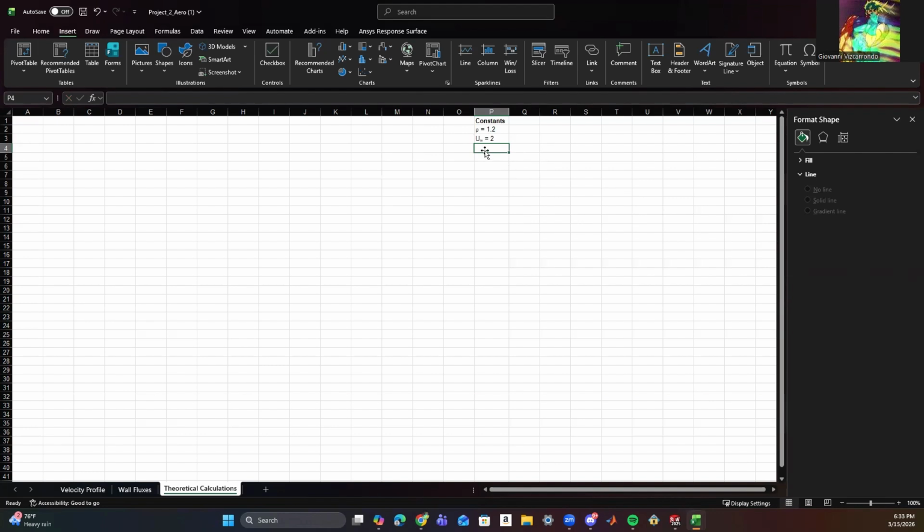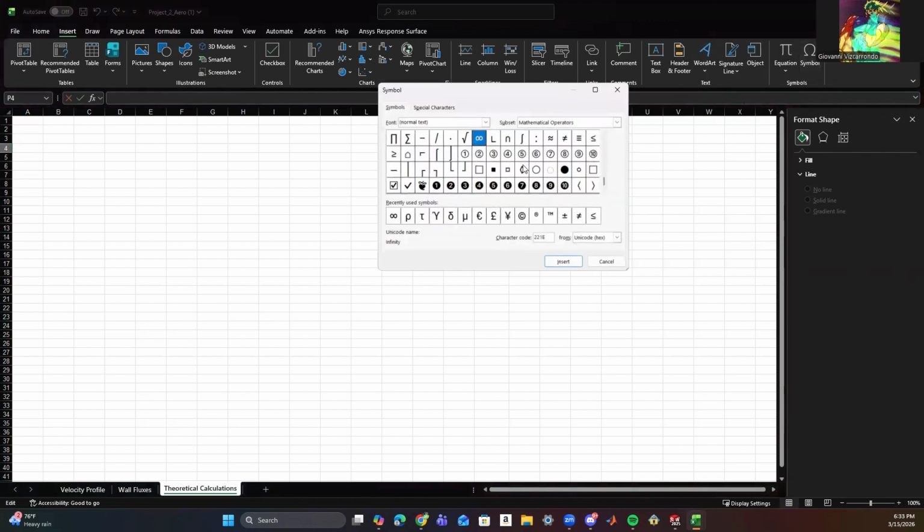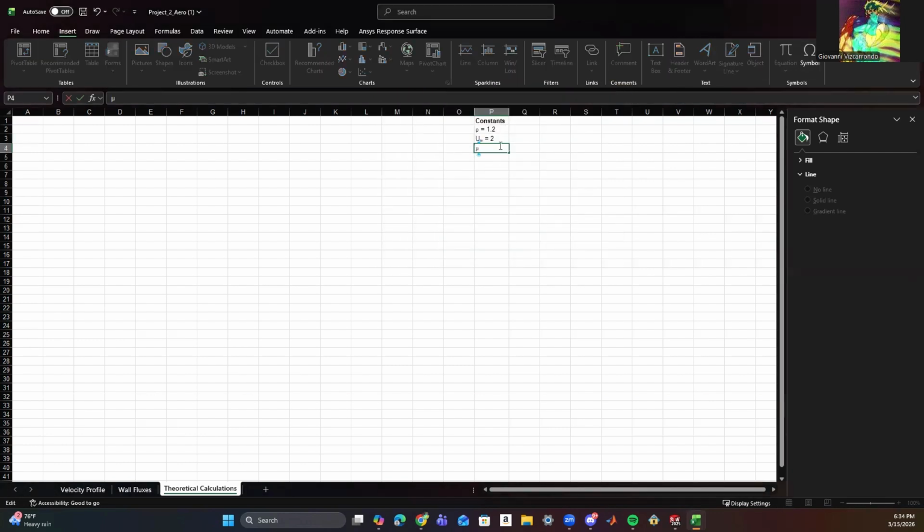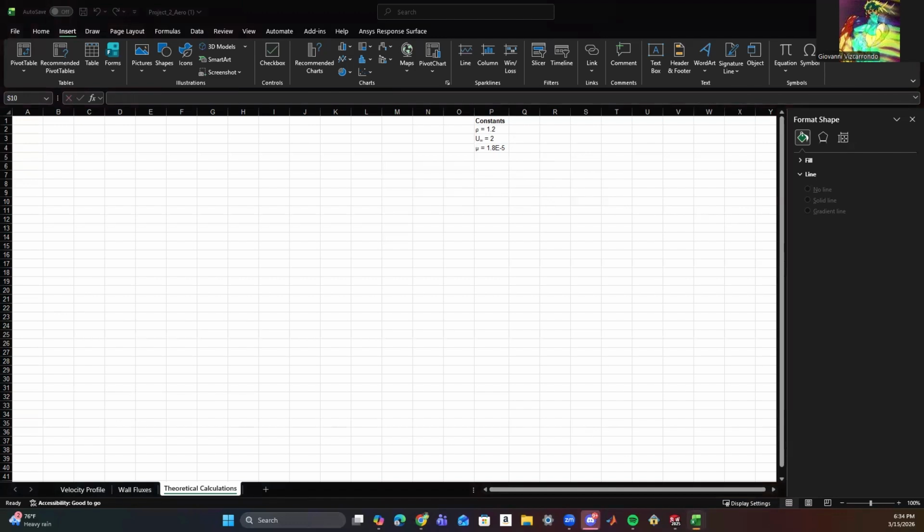Our viscosity, mu, which is equal to 1.8 times 10 to the negative fifth, and the plate length of 1. Okay, that's all we need for our constants right now.